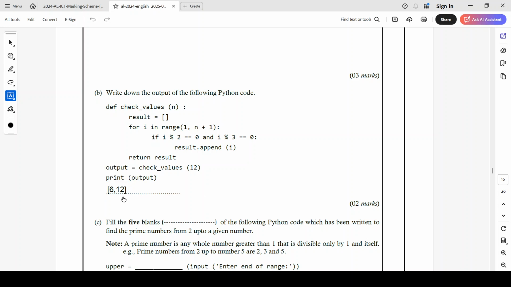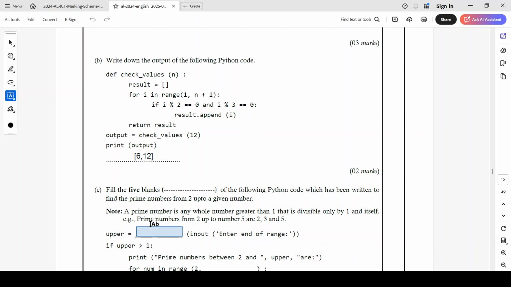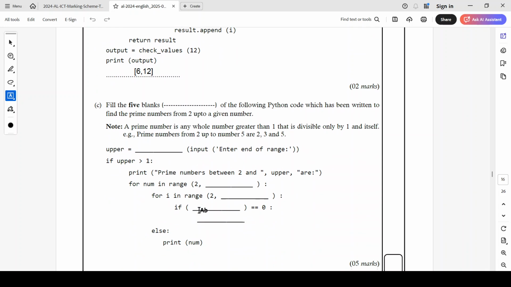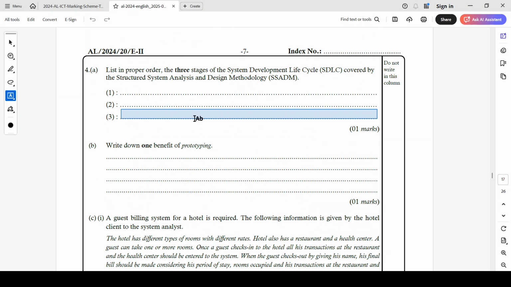So now the answer is clear, we get the answer. So move up to the C section.